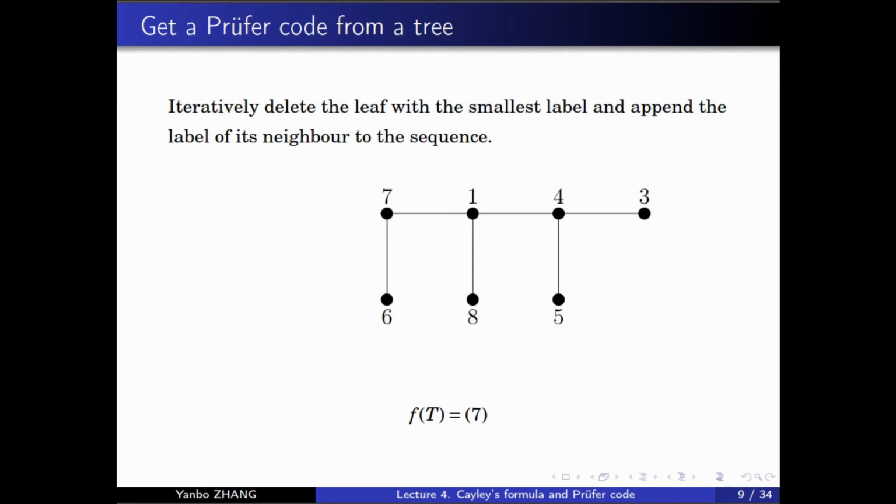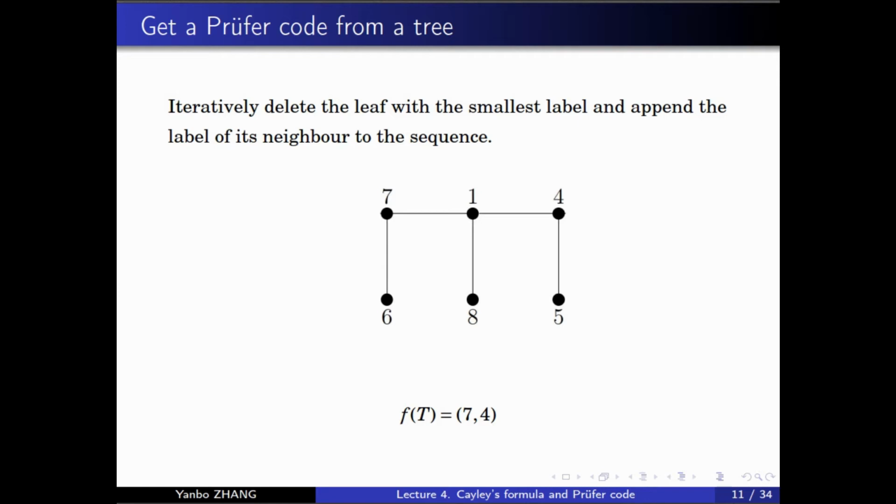Now we consider our new tree, and we ask ourselves the same question. Find the smallest labeled leaf. Look through here again. We can find 3 is the smallest labeled leaf. We are going to delete that, but we are going to make sure to append the neighbor 4 to this Prufer sequence. So we delete 3 and add 4 to the Prufer sequence.